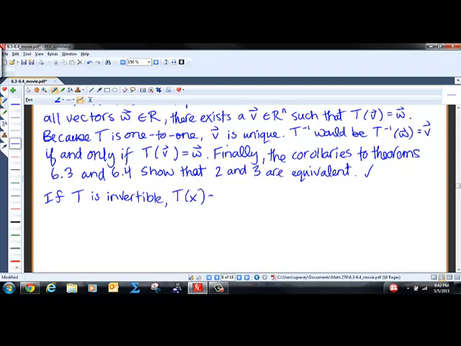T of x equal to A times x implies that T inverse at T at x is x, and that is going to, I'll just write it out, which equals, yeah, just sloppy. I'll go to the next line.